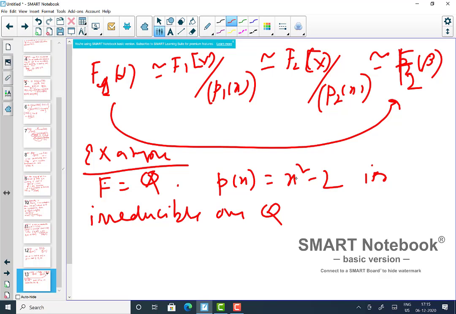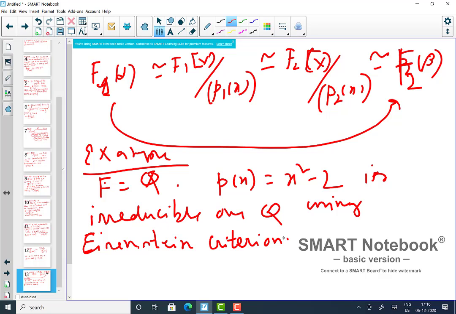Eisenstein criteria tells you that it is irreducible over Z and hence irreducible over Q. That is a property coming from Gauss lemma. So Eisenstein criteria gives you this.